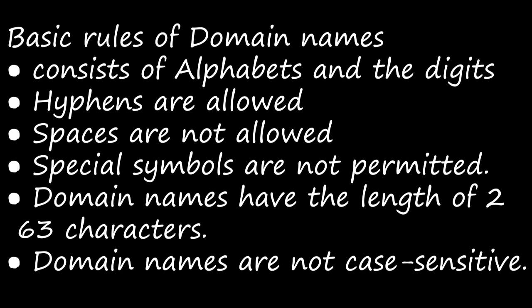The domain name will not start with a hyphen, but a hyphen can be anywhere in between. Spaces are not allowed. Some special symbols are also not permitted, like the exclamation mark, dollar symbol, ampersand and underscore. Special symbols are not permitted in a domain name.